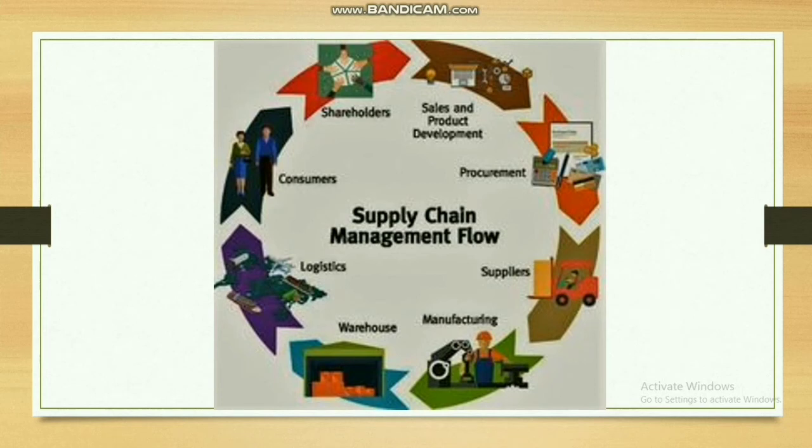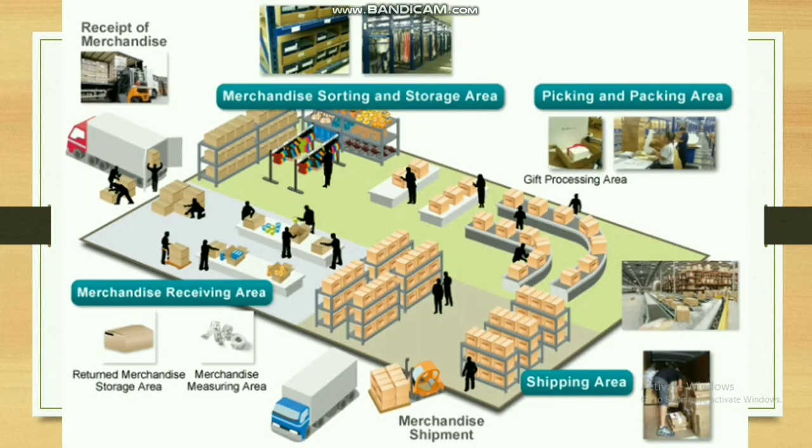The manufacturing person is there, the supplier is there, procurements are there, sales and product development is there, shareholders are there, logistics are there, warehouse is there, and consumers are there. Many of the terms will be new to you, but just assume that these types of terms are being used at various stages of producing a product and marketing it, and after that it is reaching your hands.